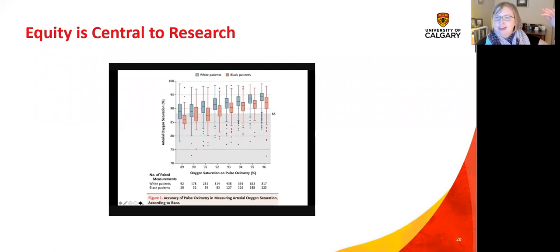Or sorry, it measures at lower rates. So that goes to show that when we're creating something like a pulse oximeter, it has to be tested on lots of different people, and we have to make sure that we're getting safe results for everybody. So that when we see an oxygen saturation of 95%, we know that that's what's actually happening.